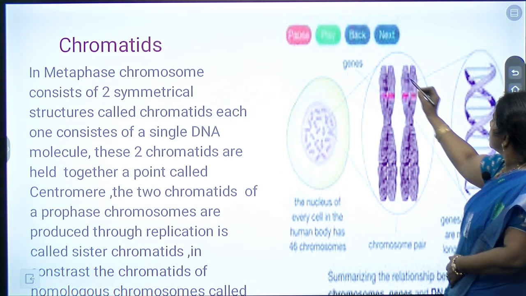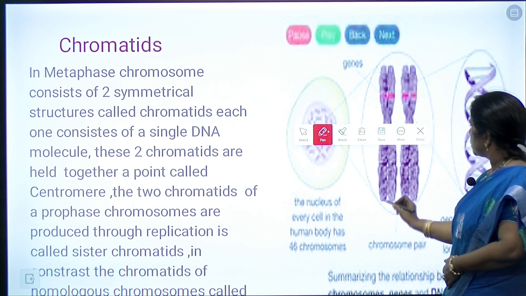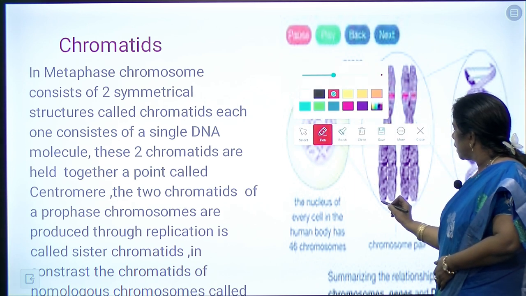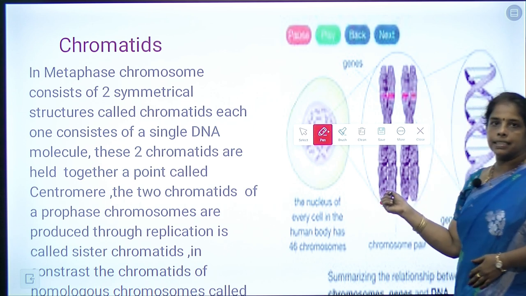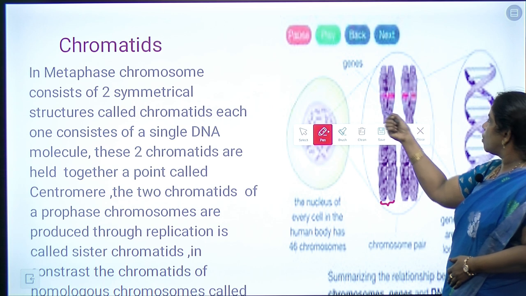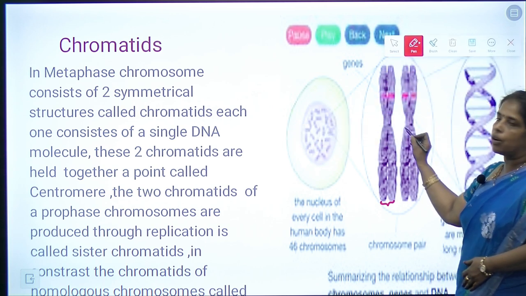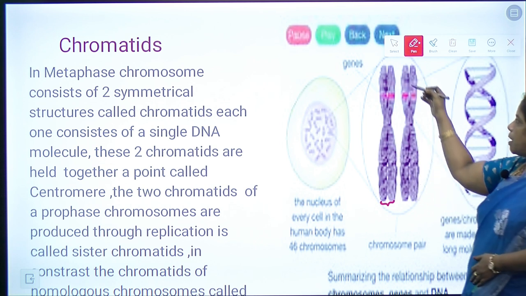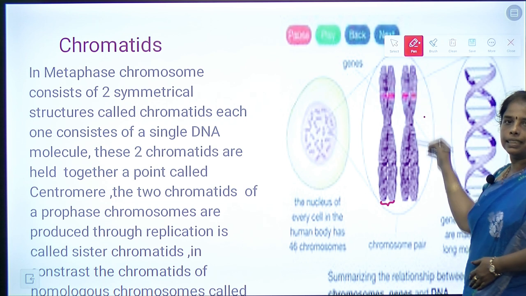These two chromatids are called the sister chromatids. These two are the homologous chromosomes, similar in their physical structure, gene composition and gene content.